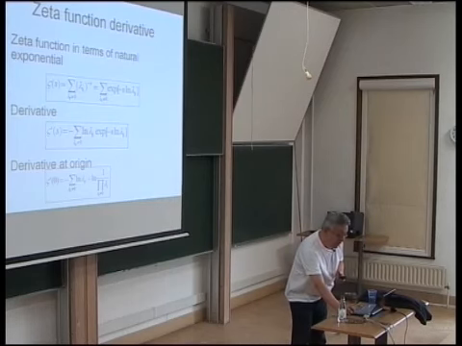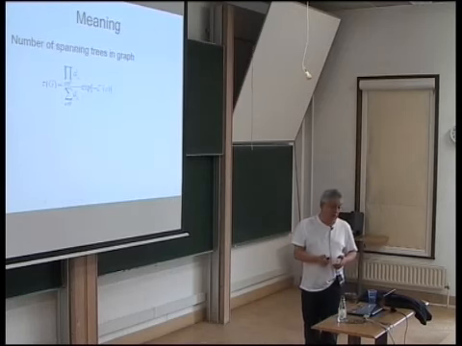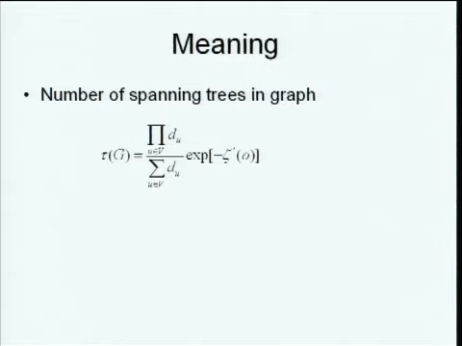So, why is that interesting? Well, there's a paper by Mackay from about 10-15 years ago where he shows the relationship between the Laplacian spectrum and the number of spanning trees in the graph.